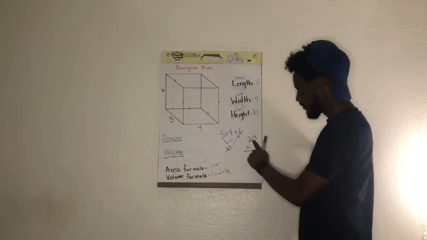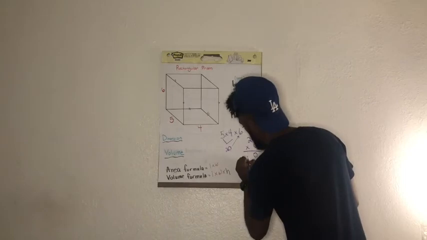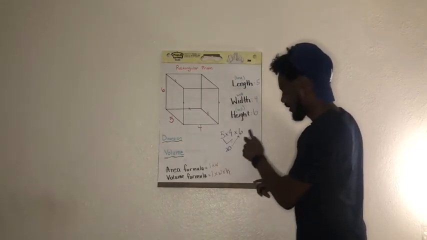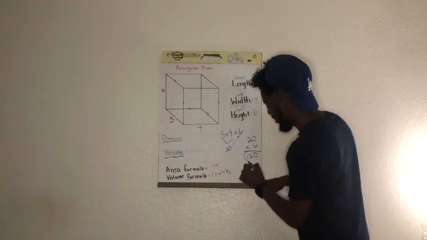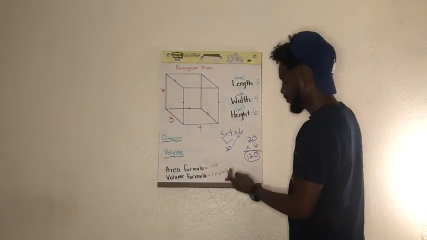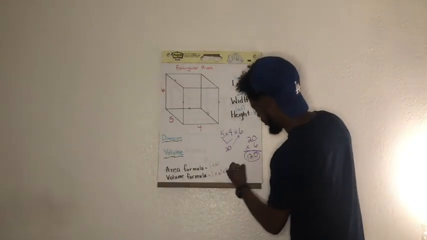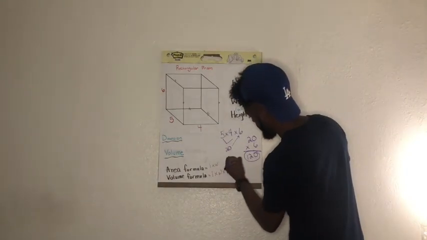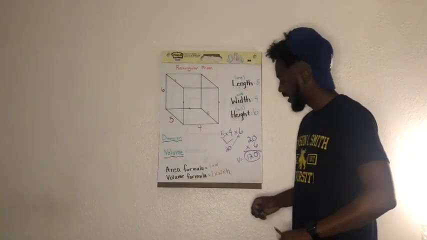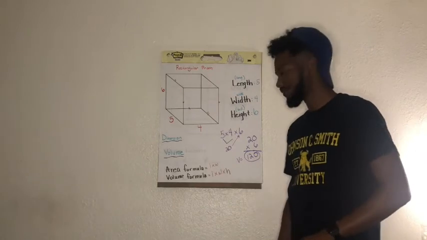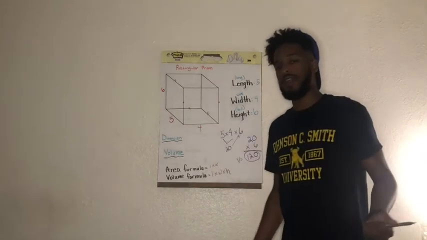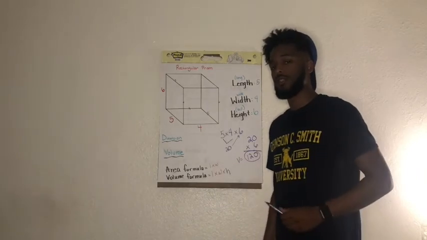And then 6 times 2 gives me 12. So 20 times 6 is 120. So my volume is equal to 120.